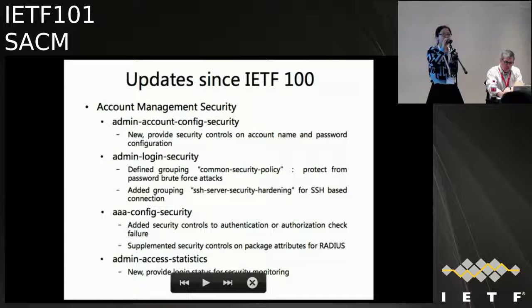Besides, the AAA configuration also was hardened by several security configurations for readers and texters. And at last, a read-only subtree was added to acquire the login status of the remote login administrators.